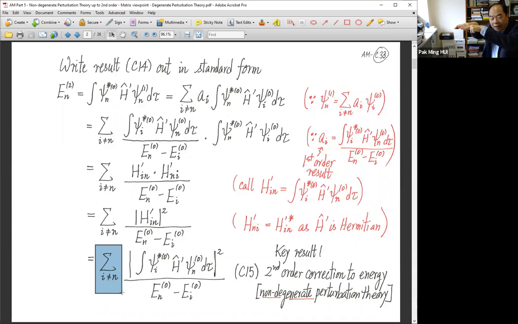Because En is higher than Ei0, it's positive. The numerator is always positive, right? So all the states lower than you in H0 will tend to push your energy up.